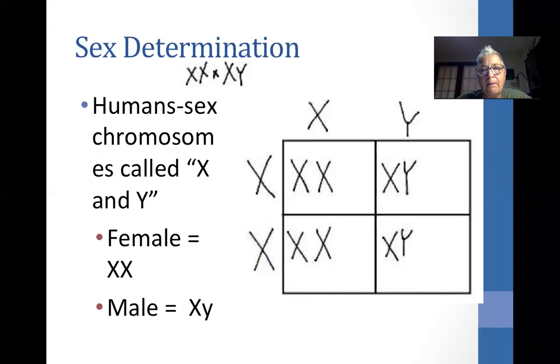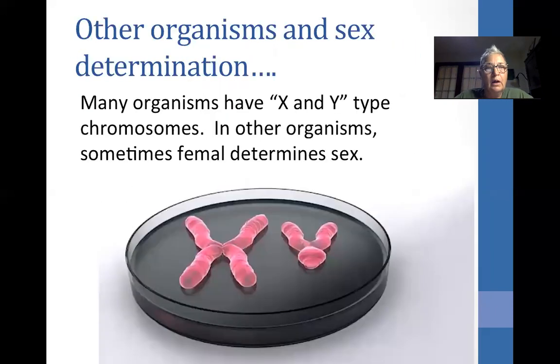Early on in my life, it was thought that the Y-containing sperm might swim a little faster and get to the eggs first, which might account for that slight variability observed in the human population. But that's not necessarily been proven, but it's a possibility. Other thoughts are that during embryo formation, perhaps there's some reason why the 2 X's are less viable. We'll talk more about that coming up.